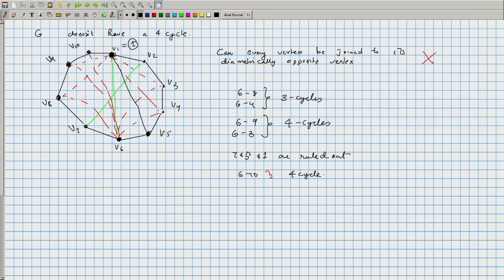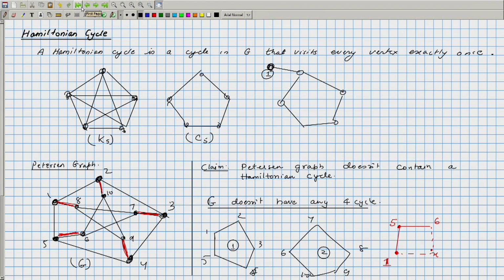I mean, if we have this particular edge, we looked at the Peterson graph, surely there is an edge between 6 and some other vertex. We argued that 6 cannot have any outgoing edge other than V7 and V5. Okay. So, by this argument we could show that Peterson graph is a graph without any Hamiltonian cycle.